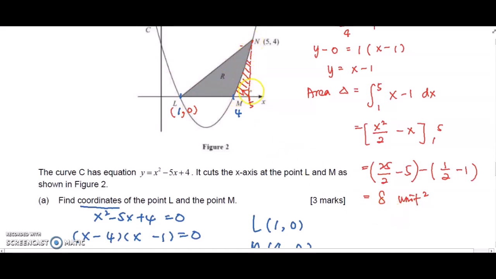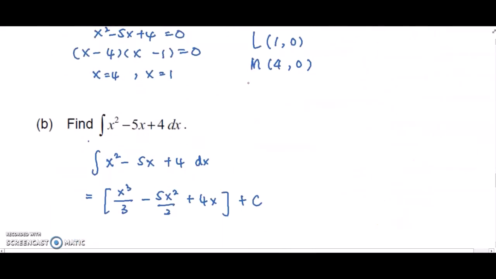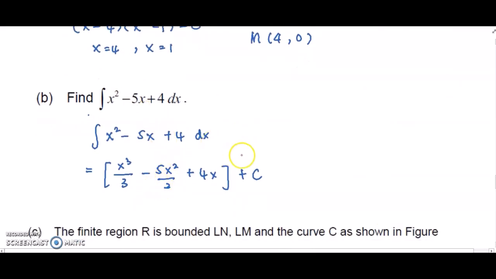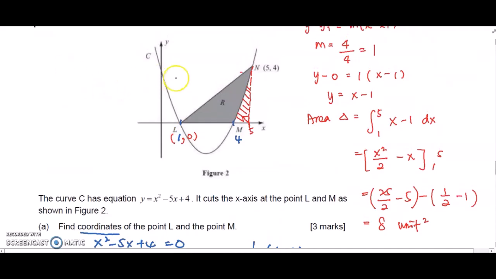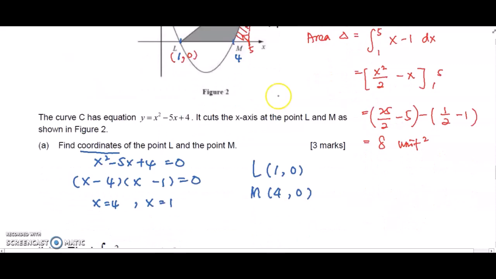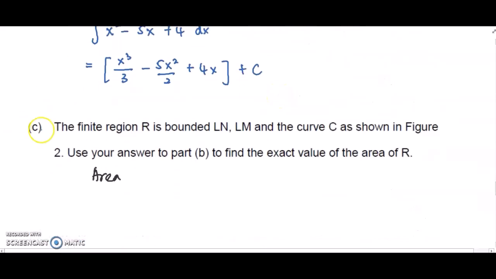Then now I need to find this area by using the result that I got just now. The area of this shape, maybe you can label it as R1. So the area of R1 equals this one that is already integrated. You can just put in the function.